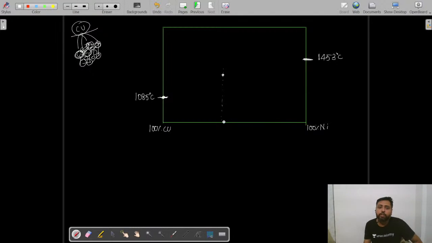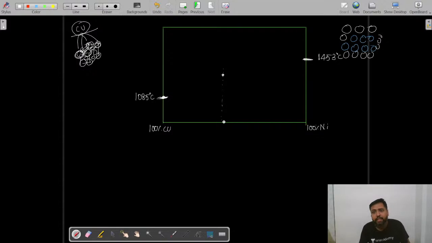Why? Because apart from copper, there are nickel atoms in the lattice as well. Now they are trying to bond together and fit together in a regular pattern, and they want to form a face centered cubic cell like this.